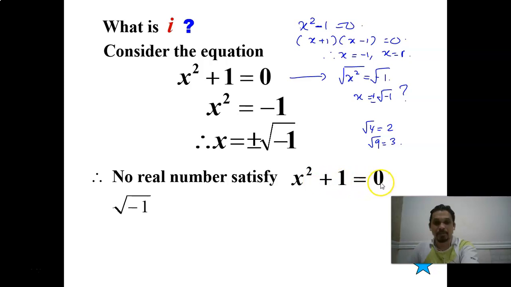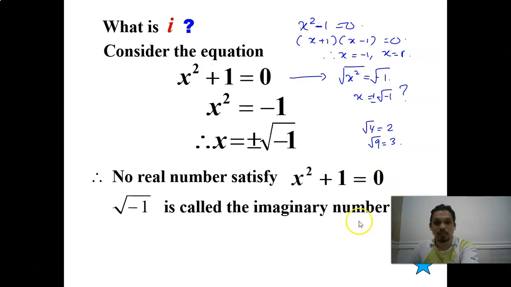Okay, so square root of negative 1 is called the imaginary number or imaginary part. So it's denoted by the term i. Okay, so i equal to square root of negative 1. i squared equal to, if I make this one here as i multiplied with i, so i is square root of negative 1. So that's square root of negative 1 times square root of negative 1.